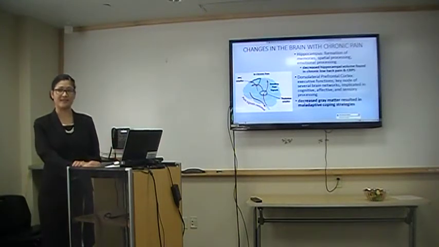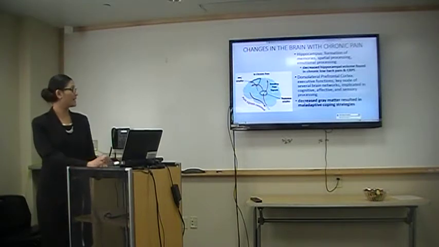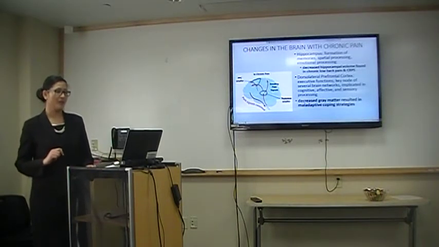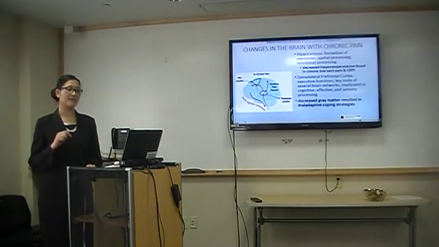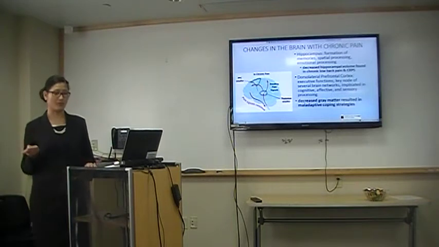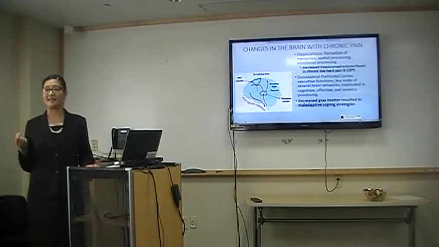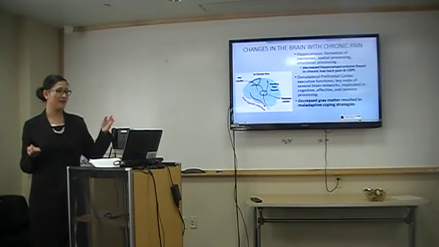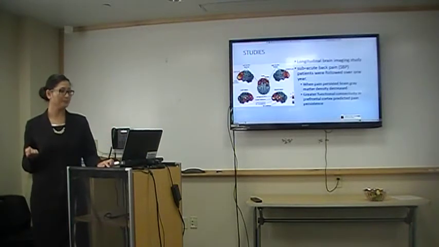It's the keynote of several brain networks implicated in cognitive, affective, and sensory processing. They also found that decreased gray matter in the dorsolateral prefrontal cortex resulted in maladaptive coping strategies. As you can see there, it is actually smaller.